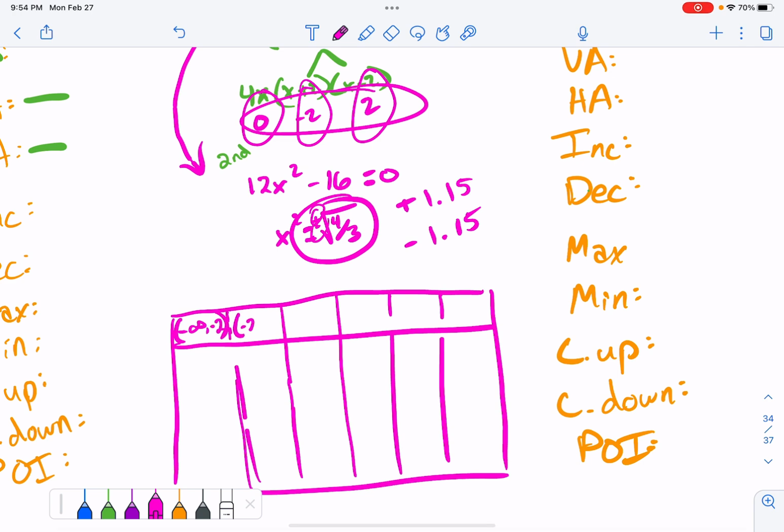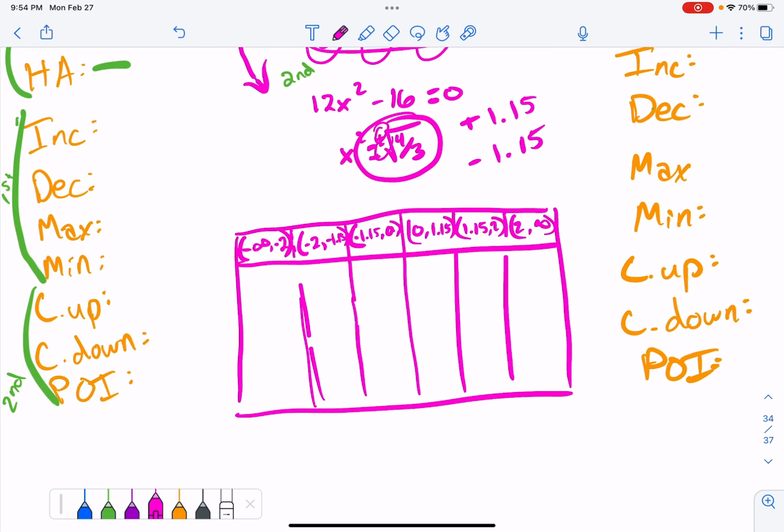Then negative 2 to negative 1.15. Then negative 1.15 to 0. Then 0 to positive 1.15. Then 1.15 to 2. And 2 to infinity. Holy crap, that's a lot of stuff going on there.